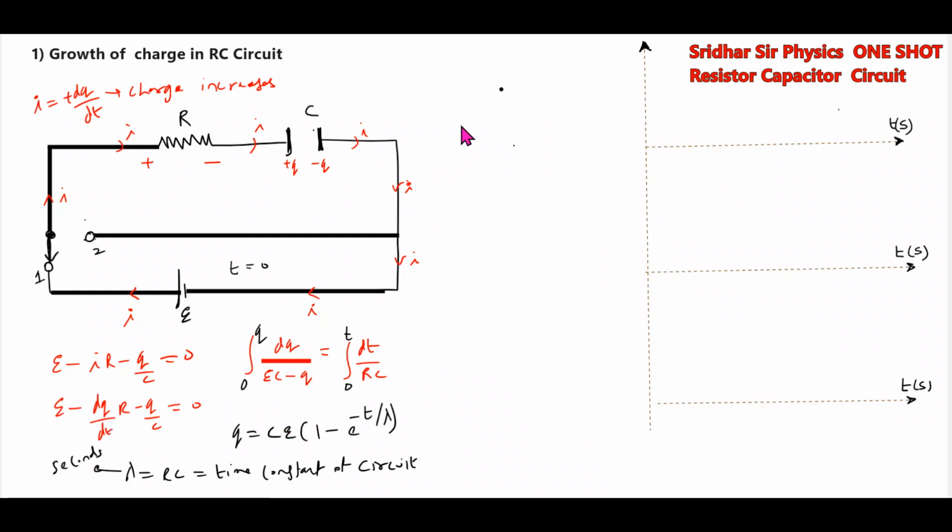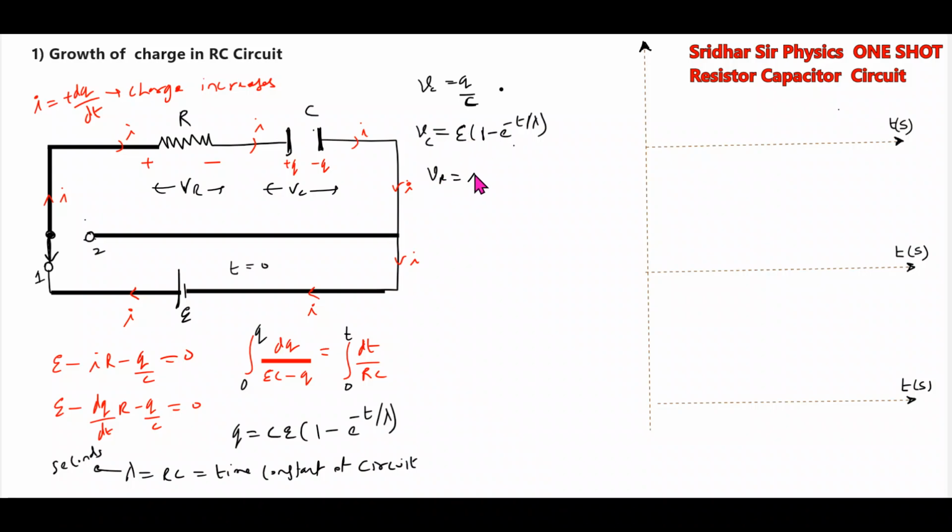Then after getting this charge, we'll get the equation for voltage, the drop across the capacitor and the drop across the resistor. The drop across the capacitor will be Q by C, which is equal to E into 1 minus e to the power of minus t by lambda.